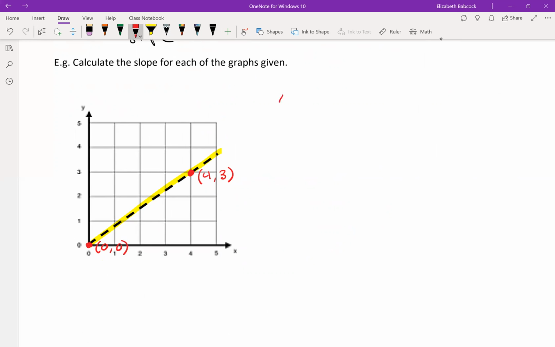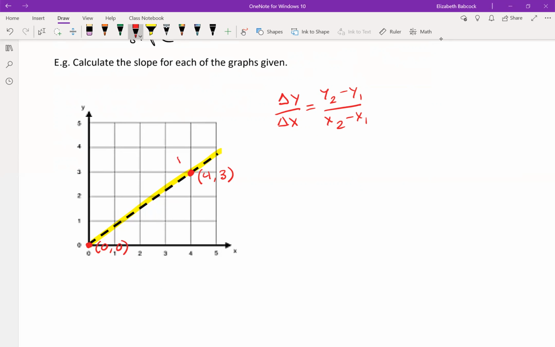So remember, our slope is change in y over change in x, or y2 minus y1 over x2 minus x1. To know which one's 1 and which one's 2, whichever one is farther down the x-axis. So we have 0, 0, and 4, 3.